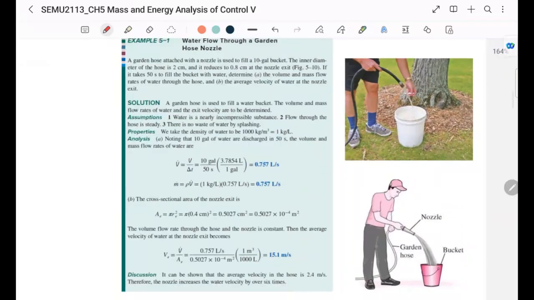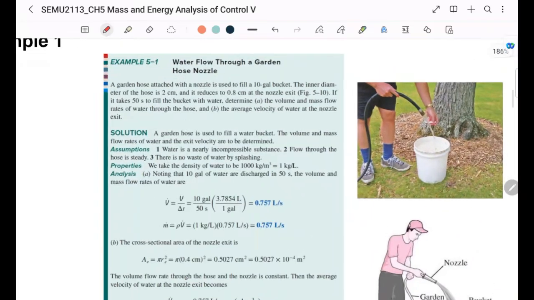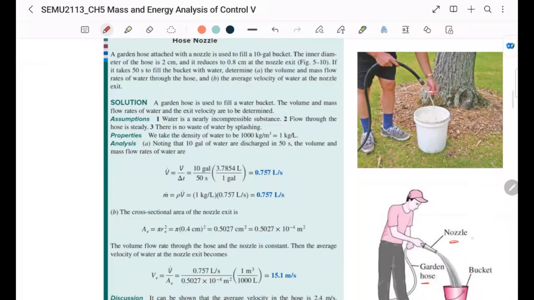It says that a garden hose is attached to a nozzle. I think everyone has played with this before. We use that to fill a 10-gallon bucket. The inner diameter of the hose is 2 centimeter, and it reduces to 0.8 centimeter at the nozzle exit.